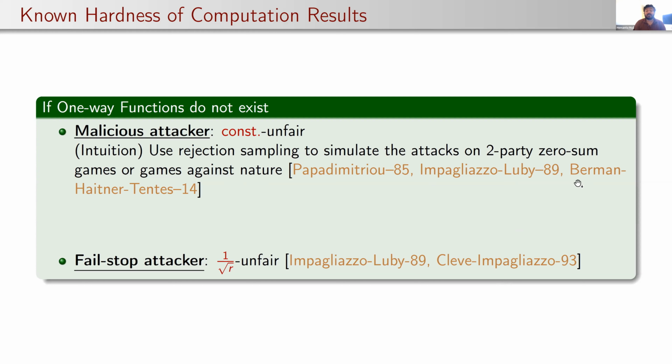This result was proven only very recently, in 2014. However, if we restrict the class of the attacker to fail-stop attackers, where the adversary follows the protocol honestly and may choose to abort sometimes during the execution, then Cleve and Impagliazzo's result says that any coin tossing protocol is 1 by square root R unfair.